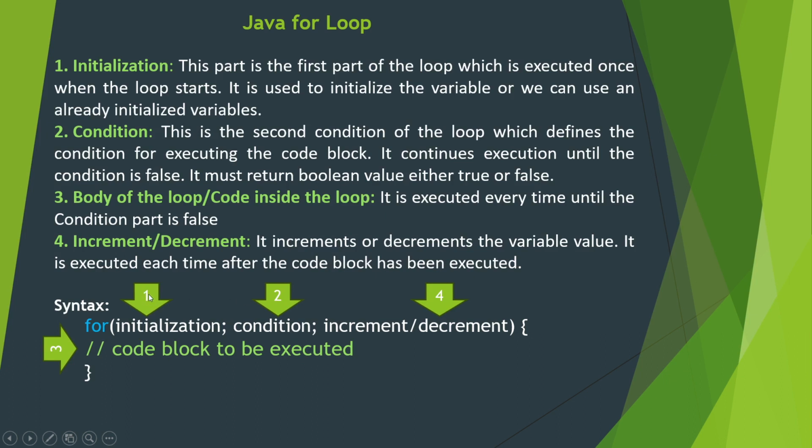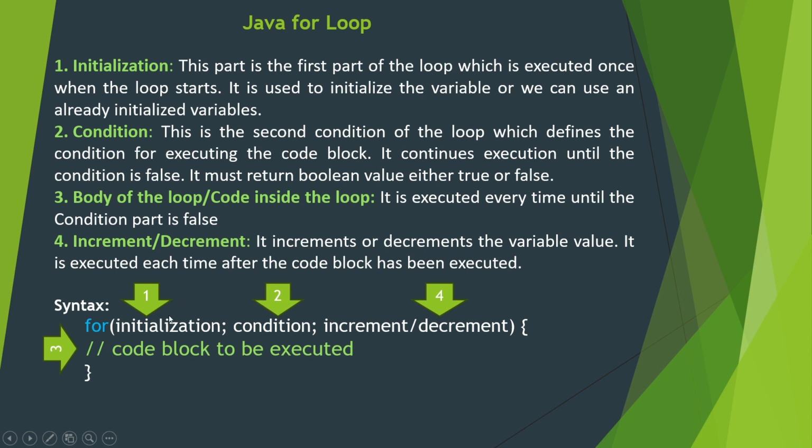I wanted to explain the logic. Initialization becomes the first part to execute for the for loop. Then the second, the condition: if it is true, it will go inside the for loop and execute the block of code. Then it will go to the fourth part. Once increment or decrement is done, again it will go to the condition.